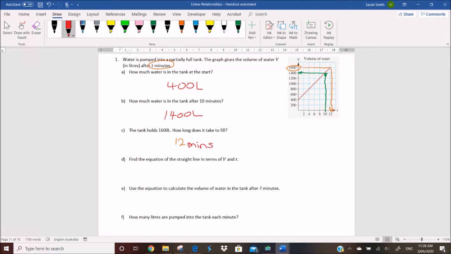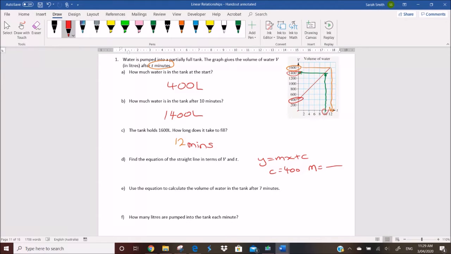So if we wanted to find the equation of the line in terms of V and T, think of it as our y equals mx plus c. So our constant, our c, is where it's crossing that line there. So that's at 400. For our gradient m, if we pick the one that we did up here, so our 10 and our 1400.